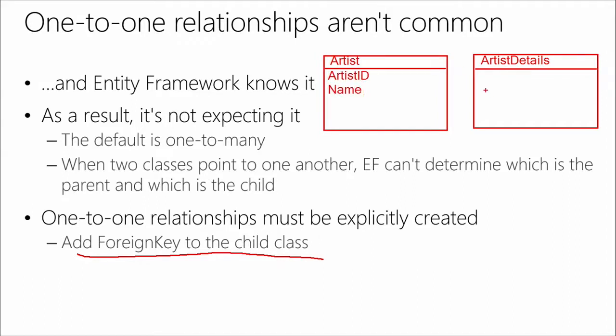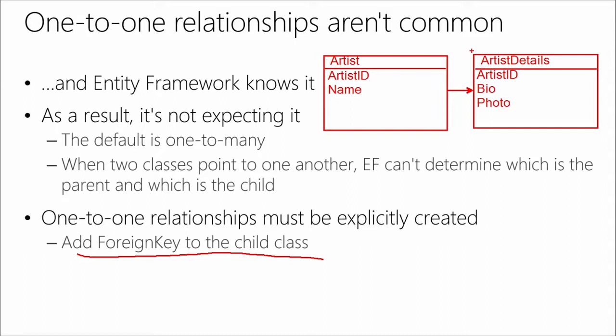Then on our artist details, I again have the artist ID because it's going to be a one-to-one relationship, but maybe I also have the bio and the photo that would go along with them. Maybe we're not using the bio and the photo all that often, so we've decided for design and performance purposes that we want to offload that to somewhere else. And we can do that just by creating the relationship.